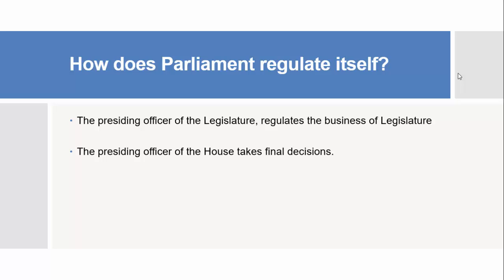Whether it is the Lok Sabha or Rajya Sabha, the final decision is taken by the presiding officer of the House. So these are the different ways through which Parliament is regulated in India.